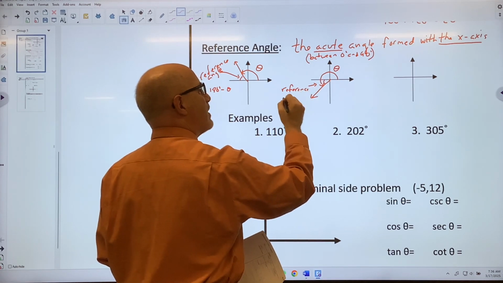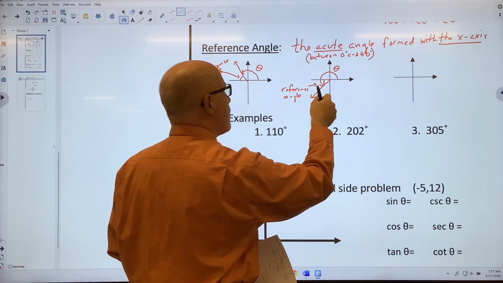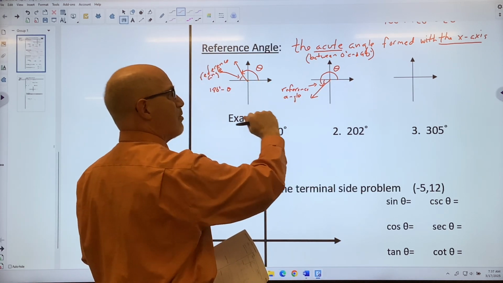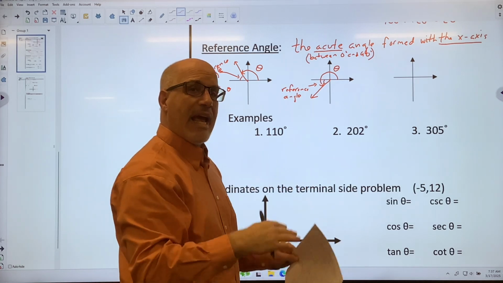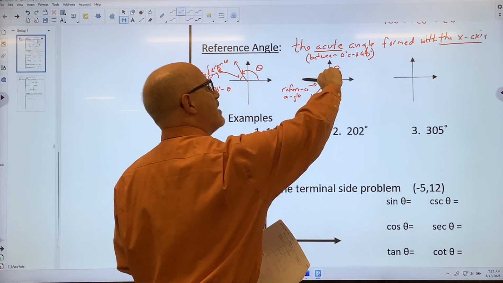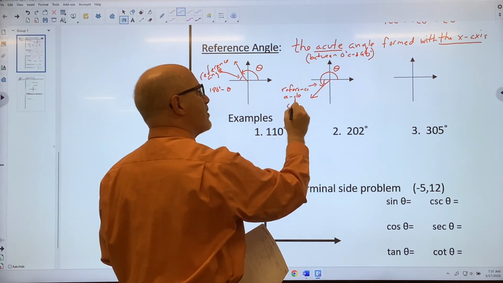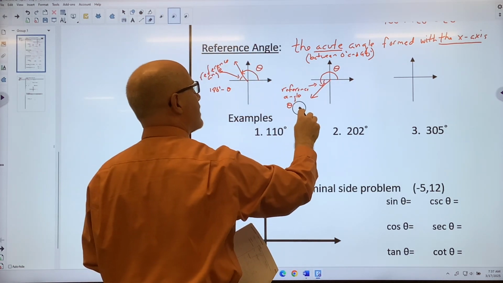It's the angle with the x-axis. So instead of taking the angle with the y, we want the angle with the x-axis. Well, this would be the angle itself minus 180, because you take all the way to the angle, subtract off the 180, so this would be theta minus 180 degrees.